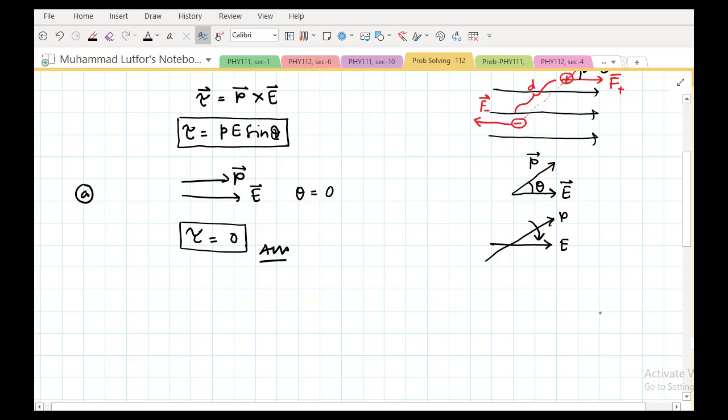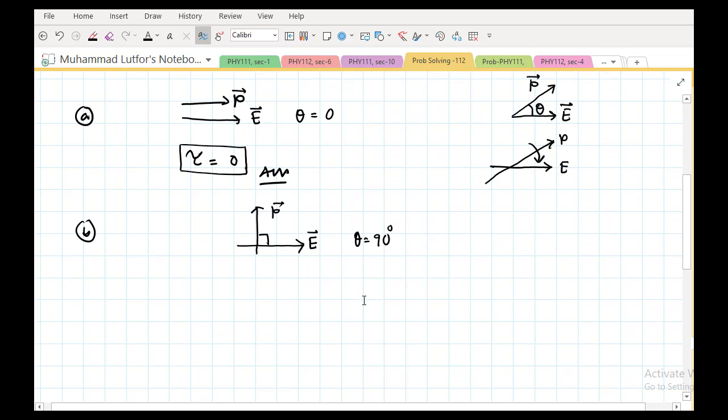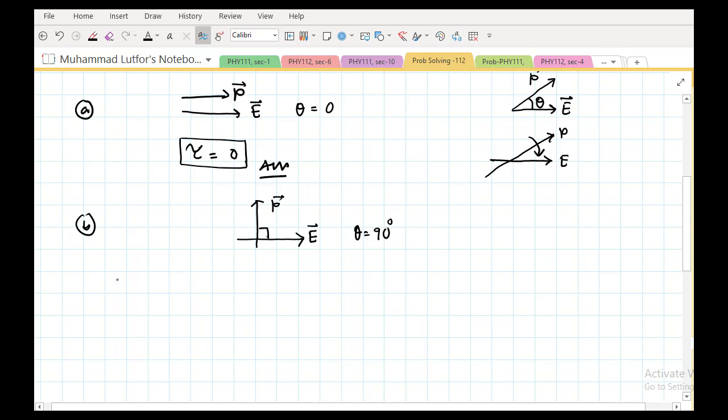So this is the case where, say, this is your electric field E, and this is your electric dipole P. It is perpendicular to that electric field line, which means that theta is basically 90 degrees.